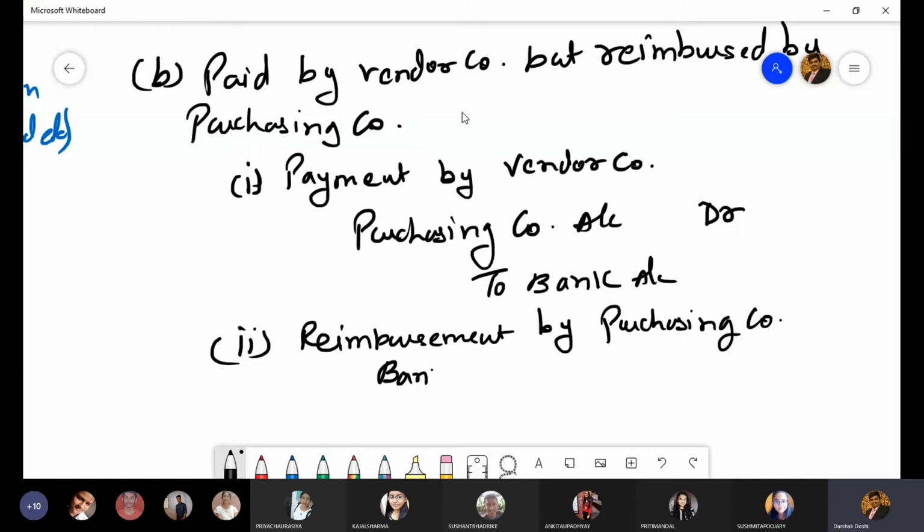Entry: bank account debit to purchasing company.